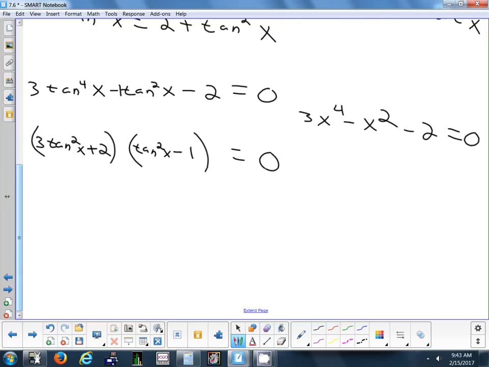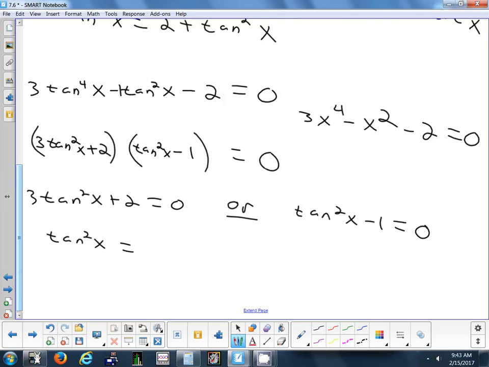Okay, what do I do with each one of these factors? Set them to 0. So 3 tangent squared x plus 2 equals 0. Or tangent squared x minus 1 equals 0. What would tangent squared x equal here? Not 2 over 3. Negative 2 over 3. And that's very important. You would have to subtract the 2 and then divide by the 3.